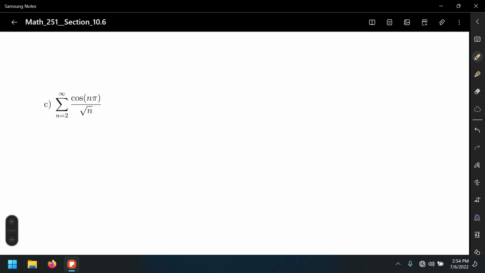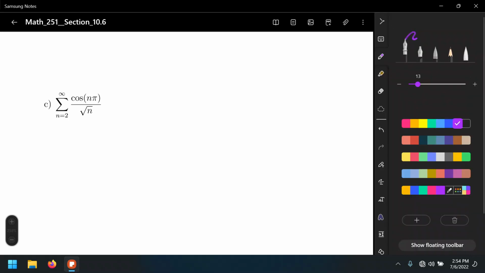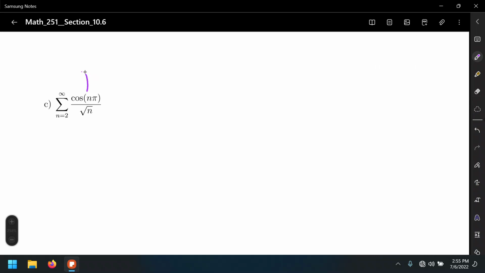Let me list some terms of the sequence only for the cosine portion. For n equals 2, 3, 4, and 5: cosine of 2 pi, cosine of 3 pi, cosine of 4 pi, and cosine of 5 pi, etc. What's cosine of 2 pi? 1.